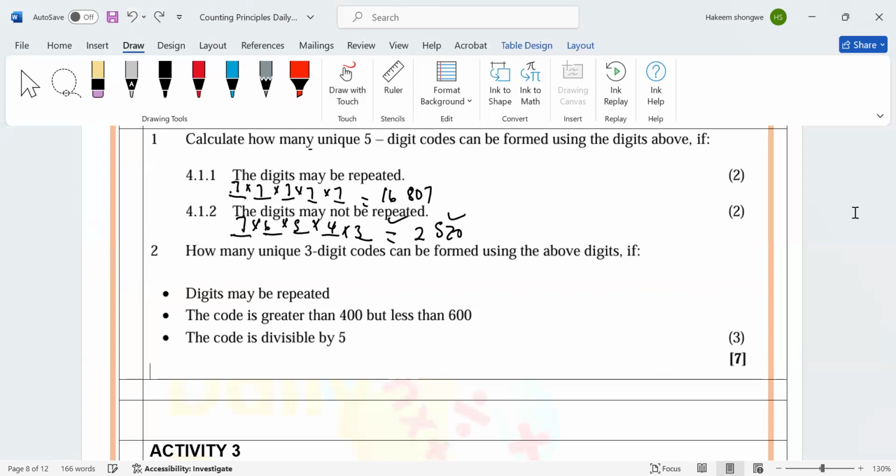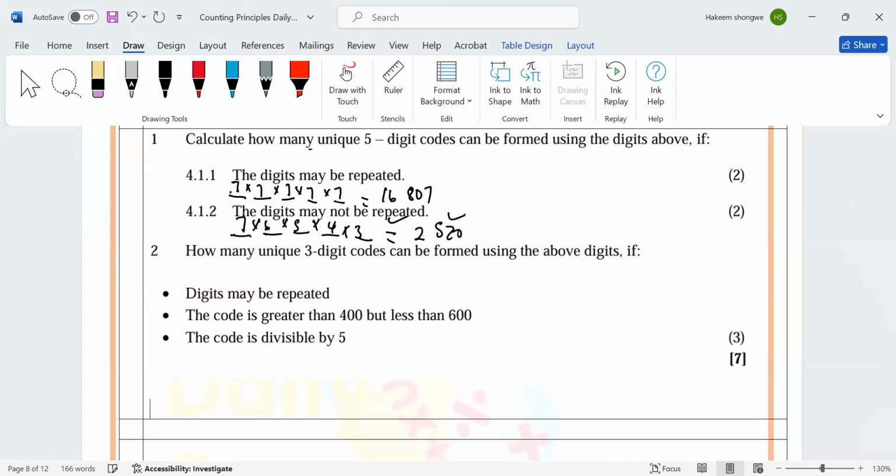Let's check how best we can do this. We're creating a 3-digit code. Repetition is allowed. So let's start with divisible by 5. Divisible by 5 means the number should end with 5, or 0 if there's a 0.